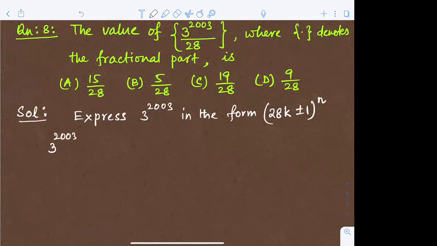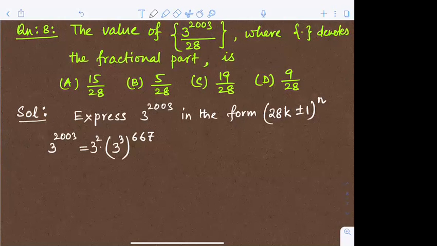I want to get 28 plus minus 1, so it is better to get 28 minus 1, which is 27. We can get 27 here easily. So that's (3 to the power 3) whole to the power 667, but there is something extra, 3 square.